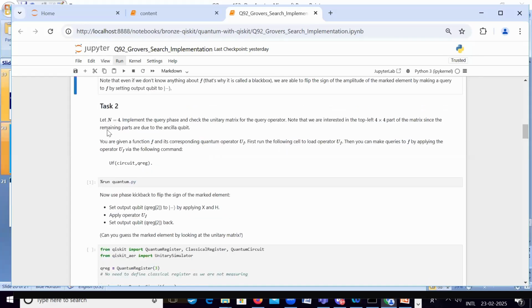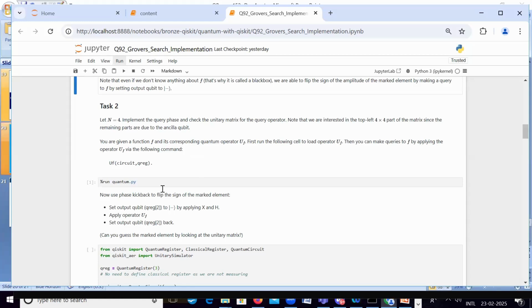Now task 2: let n equal 4, implement the query phase and check the unitary matrix for the query operator. Note that we are interested in the top left, that is the 4 by 4 part of the matrix, since the remaining part is due to one of the ancilla qubits.